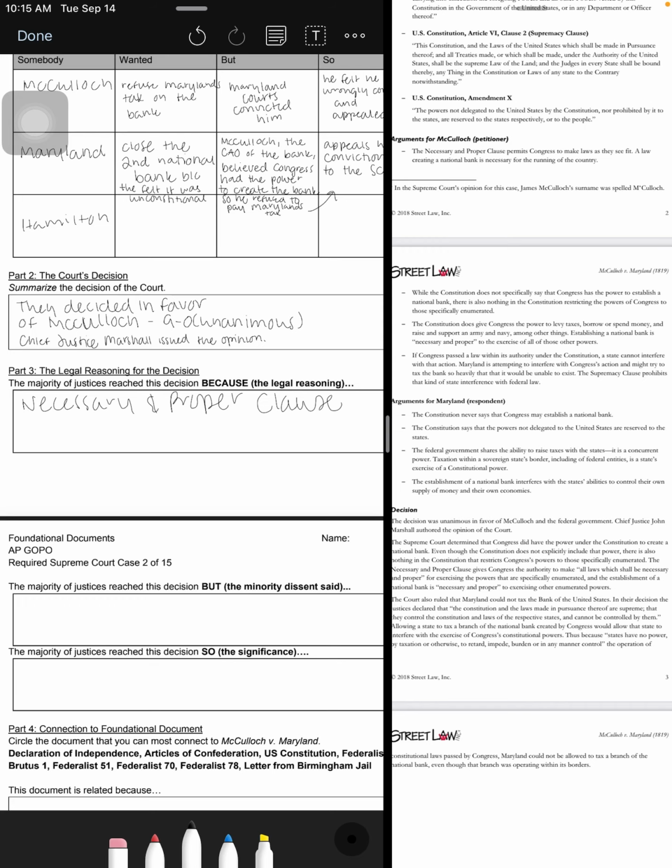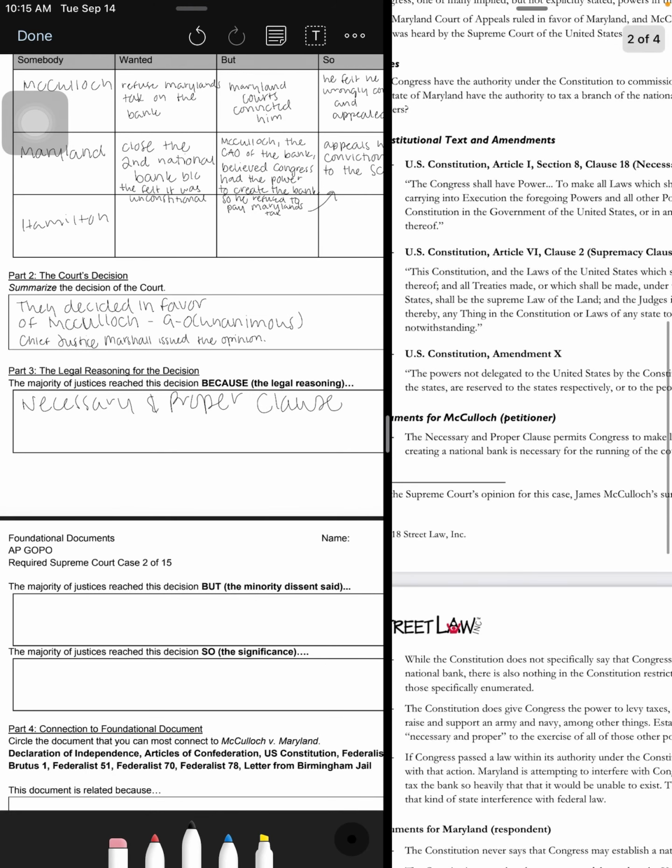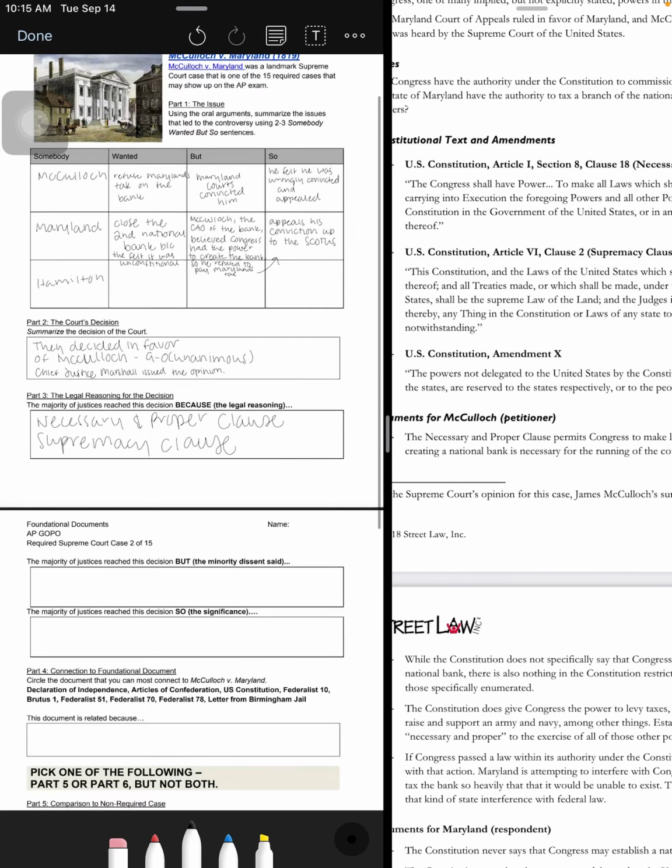That's called the supremacy clause that's talked about further up here under the constitutional text and amendments. So there's also that supremacy clause piece. Now, instead of just listing these, give me full sentences or a little bit of information about how those clauses are applied in this case.